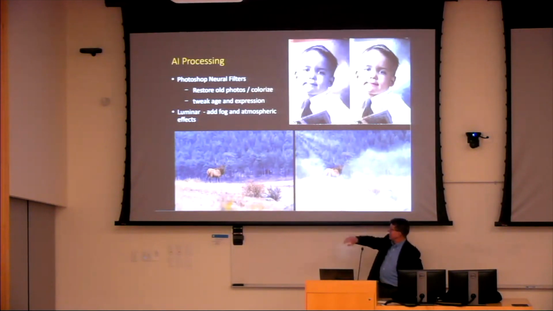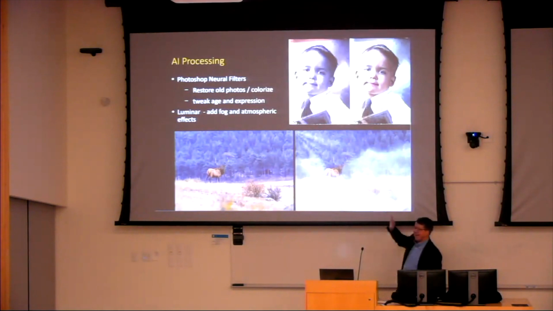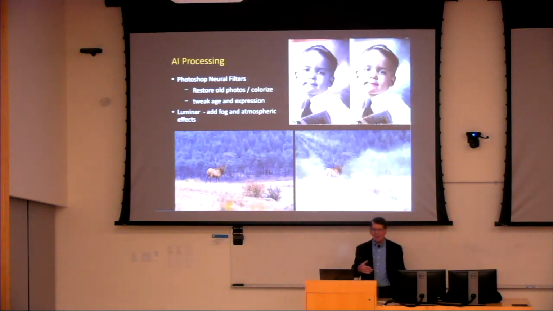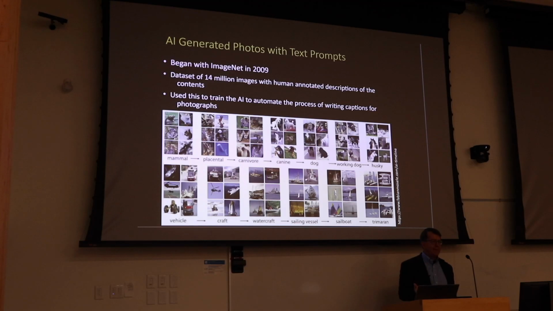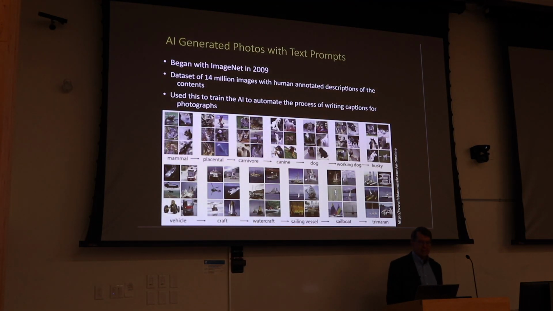This is, again, out in Colorado during the elk rut, but you can come in and create this foggy atmosphere and starbursts. I mean, you can do whatever and really add or, I would almost say, detract from your image. So things that are taking place, the new thing is these AI-generated photos with text prompts.